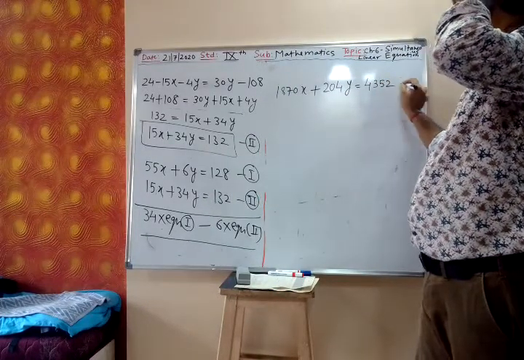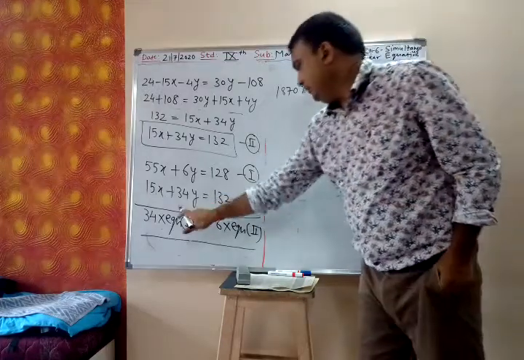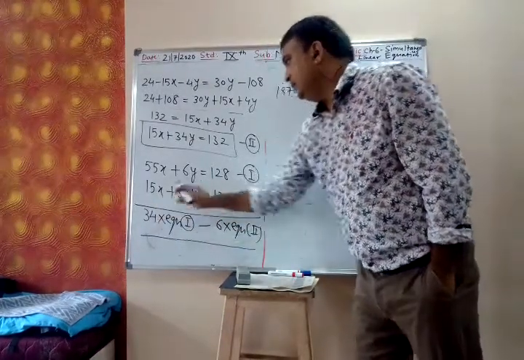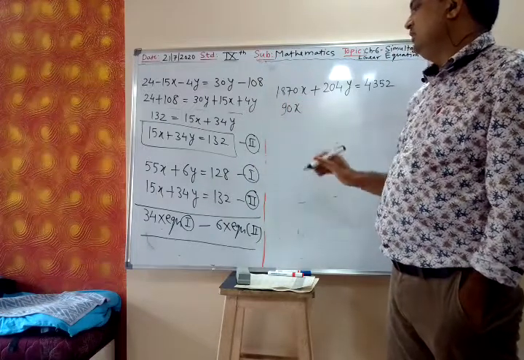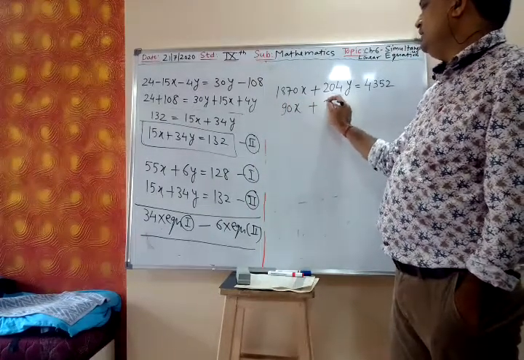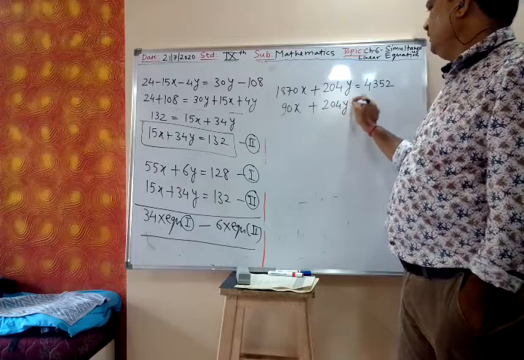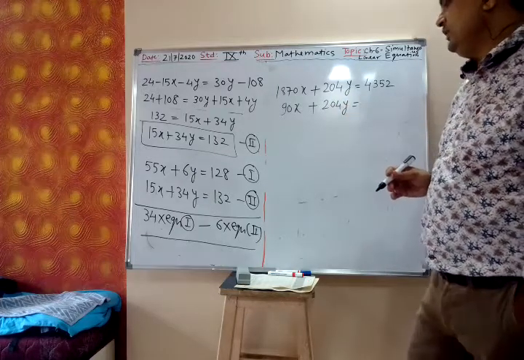Now multiply equation 2 by 6. 15 into 6 is 90x. 34 into 6 is 204y is equal to 132 into 6.